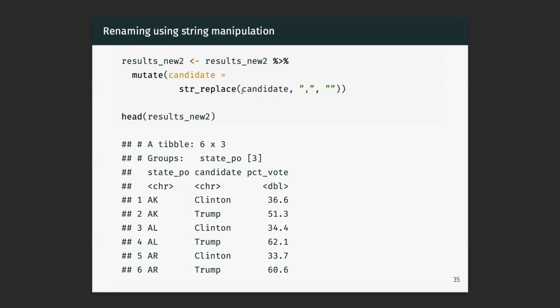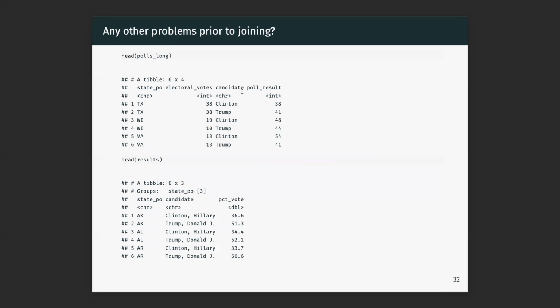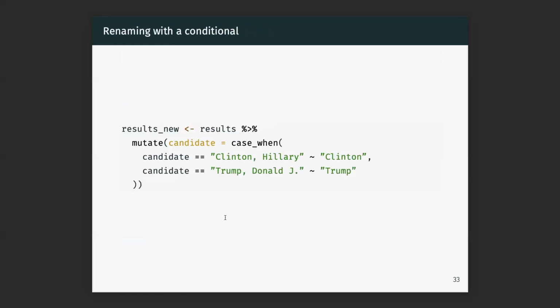And after we've taken the first word from the vector candidate, which remember had Clinton, Hillary, Trump, Donald J, what the word function does is it looks for spaces and it removes the first continuous set of characters that occurs before a space. So if we say word, comma, one, it says, give me the first word in that string.